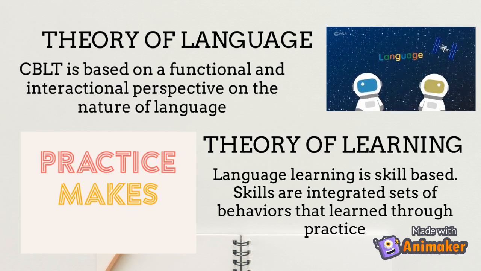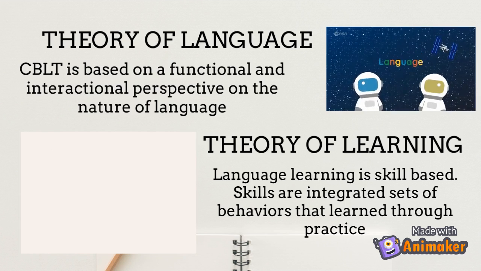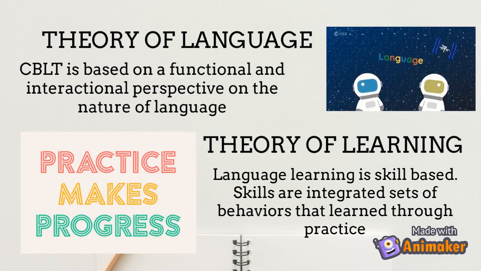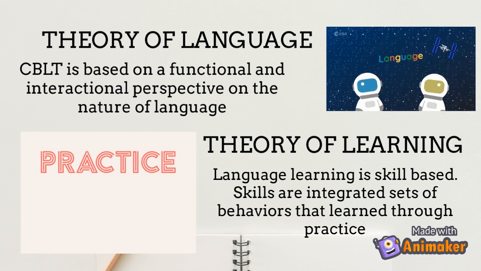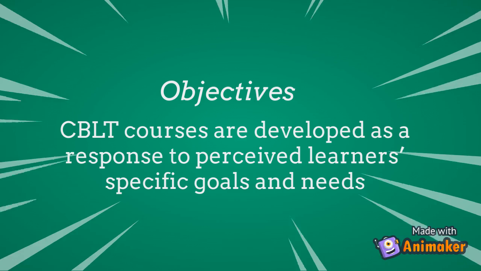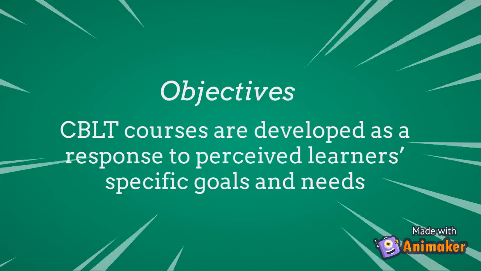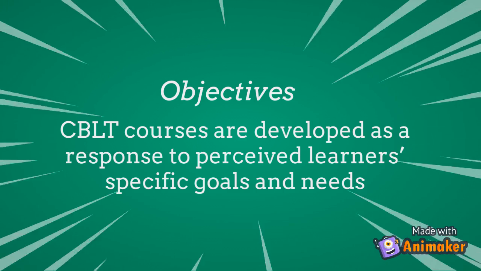Objectives. CBLT courses are developed as a response to perceived learners' specific goals and needs. Syllabus. CBLT is designed not around the notion of subject knowledge, but around the notion of competency.